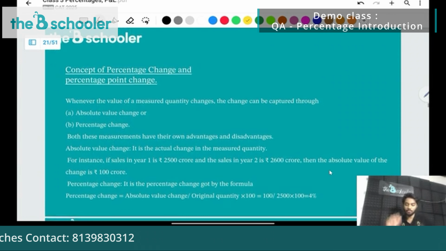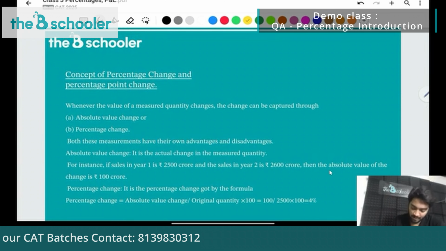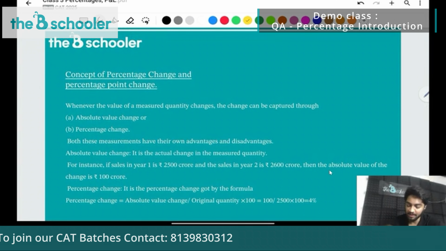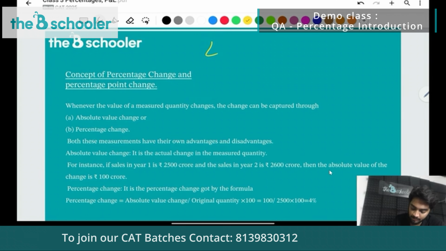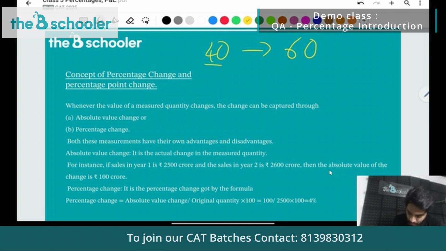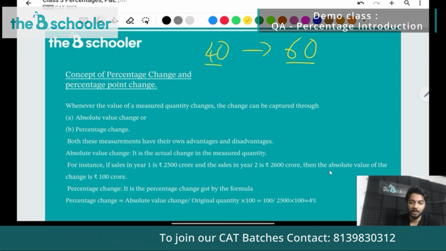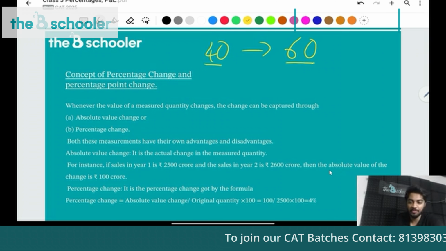Okay. Now, there are two things. One is this concept of percentage change. Let's say a value changes from 40 to 60. Let's say a stock price of 40 rupees changes to 60 rupees today. Now, somebody asks you, what is the percentage change?